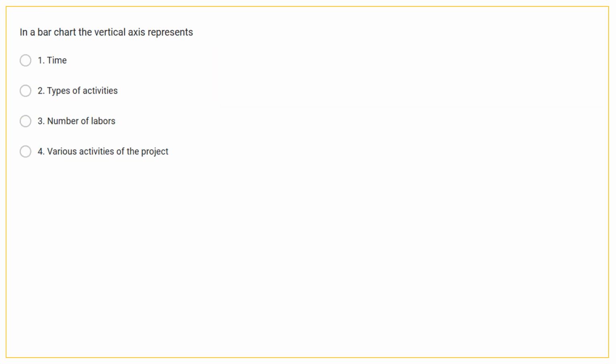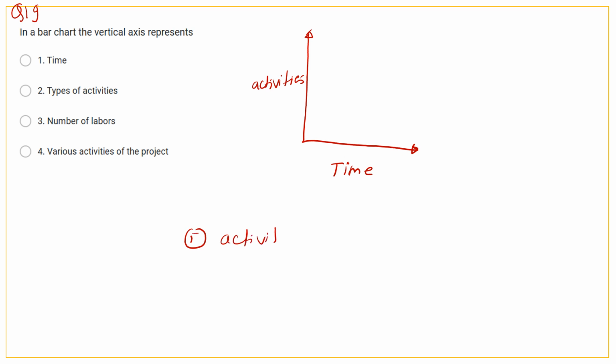The next is question number 19. In a bar chart, the vertical axis represents. So for a bar chart, this is the graph. The x-axis represents time and the y-axis represents activities. Here two important sentences. First sentence is activities shown on, and second is activities shown by.